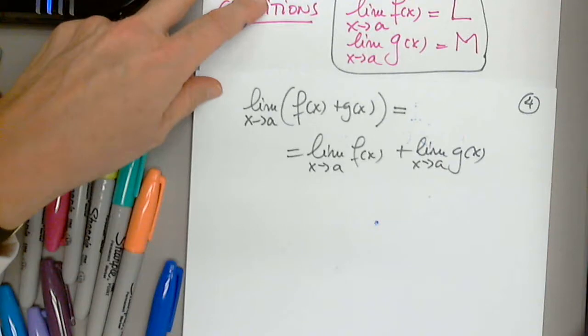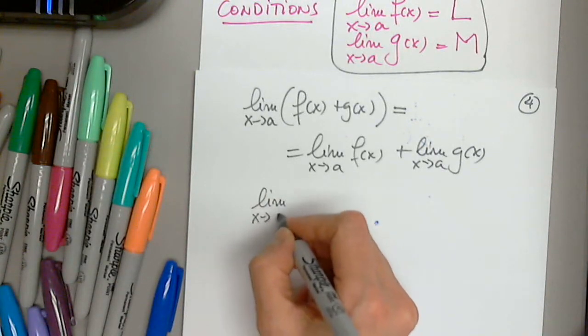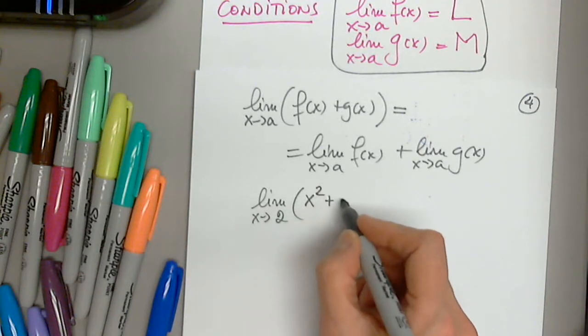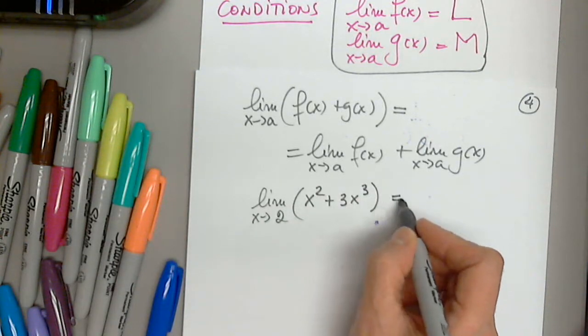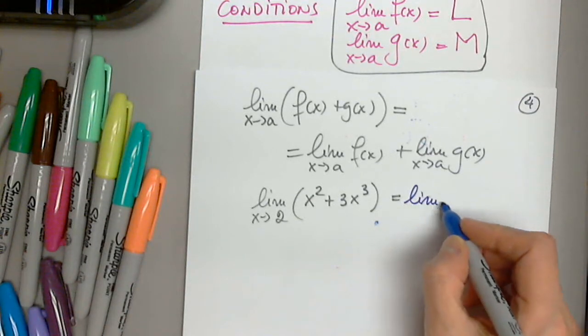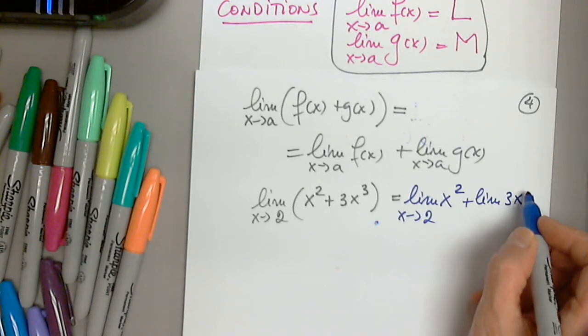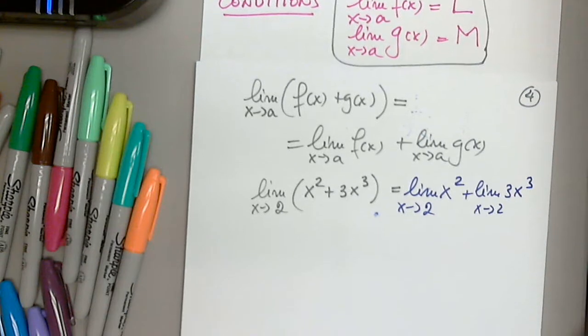I want to give an example. Let's say the limit as x approaches 2 of x squared plus 3x cubed. If the limit as x approaches 2 of this is a number, and the limit of this as x approaches 2 is another number, then I can use the limit law for the sum and write the limit of x squared as x approaches 2 plus the limit of 3x cubed as x approaches 2.